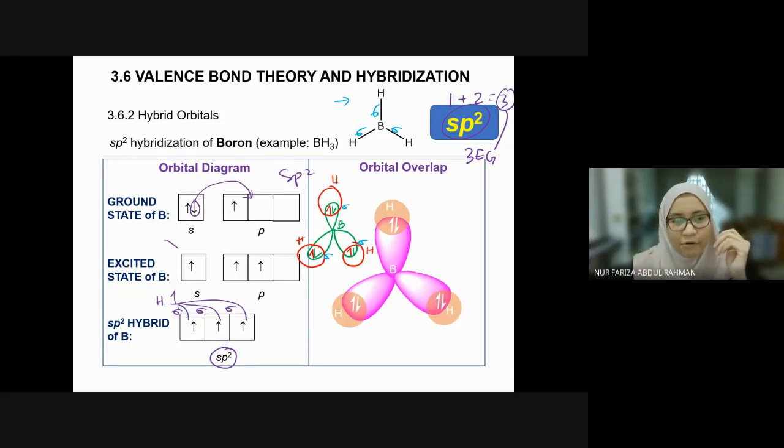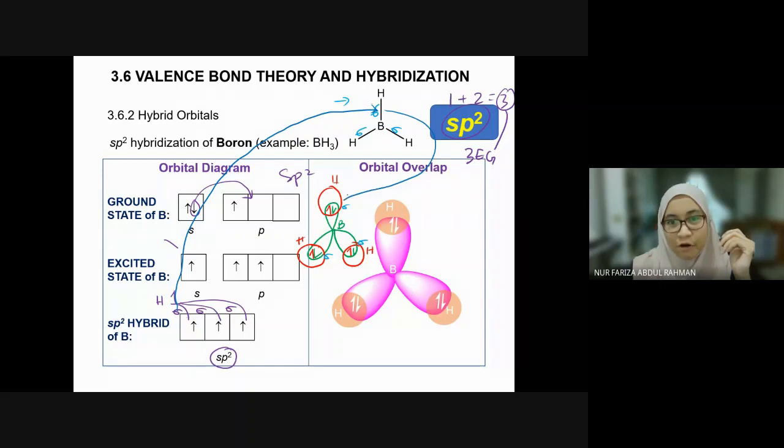Alright, so this first sigma bond. Okay, I'm going to draw. It is the same for this sigma bond here on the Lewis structure, and also the same as the sigma bond for the orbital overlap. Understand? It tallies, it's the same. Okay, alright.